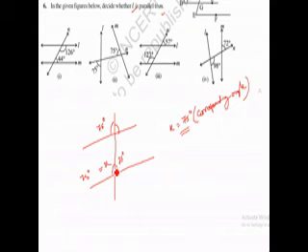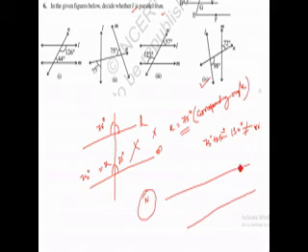Now if this is 75 degrees, then the sum of these two must be 180 degrees. But 75 degrees plus 75 degrees equals 150 degrees, which is not equal to 180 degrees. So this is void. Hence L and M are not parallel lines. Now let me take question number 4.